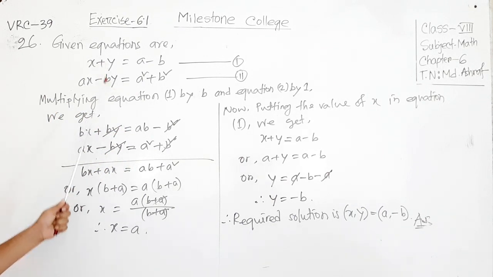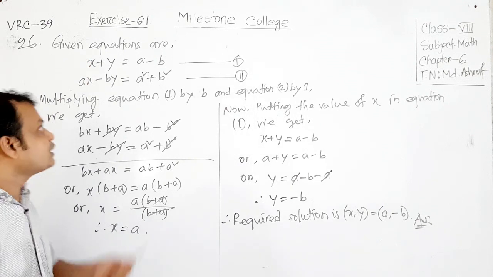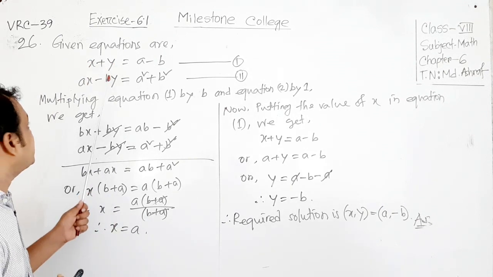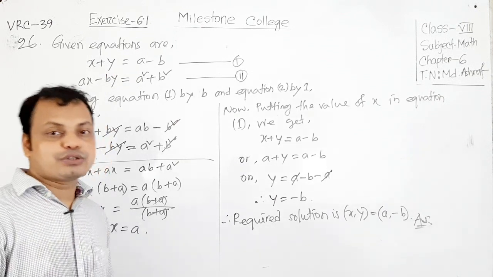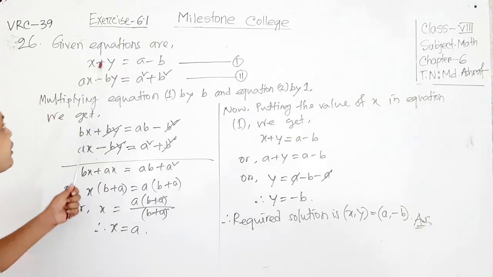At first we have to eliminate one variable. If I want to eliminate x, then the coefficient of x in both equations will be the same. If we want to eliminate y, then the coefficient of y in both equations will be the same. So I want to eliminate y.